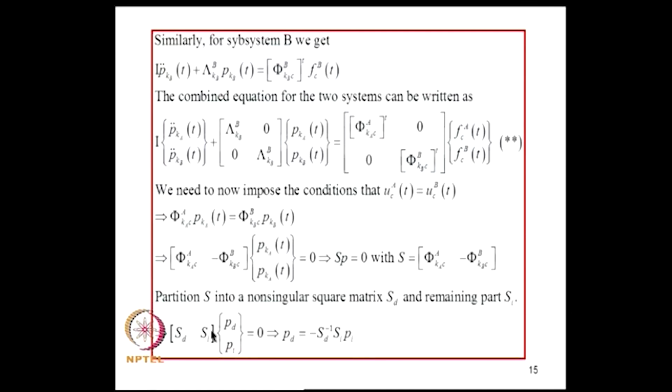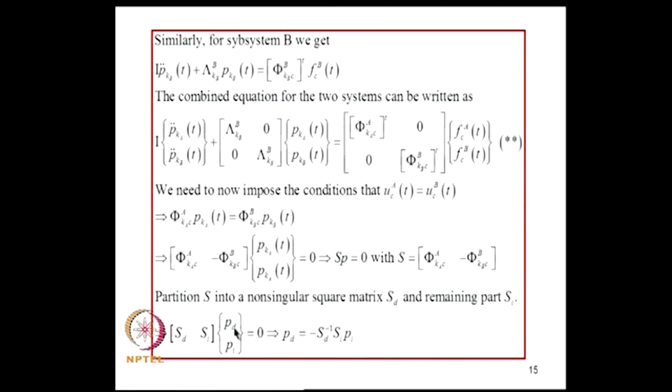So, now what I will do is this combined vector P, I will now partition into PD and PI. This partitioning is done from a mathematical perspective, and I will select D degrees of freedom so that this matrix S gets partitioned into SD and SI, and SD remains as a matrix that can be inverted. This is a non-singular matrix that can be inverted.